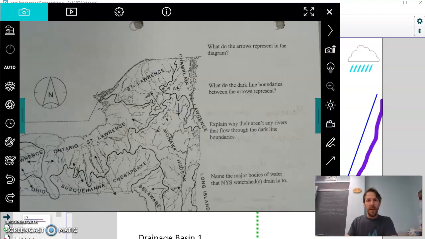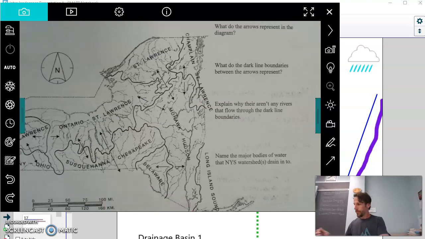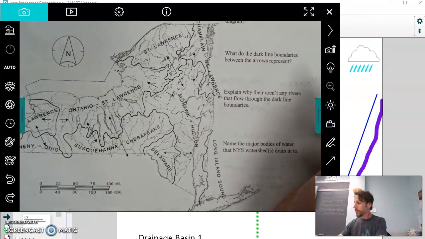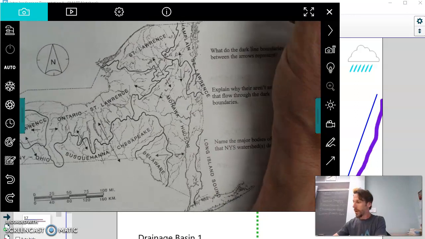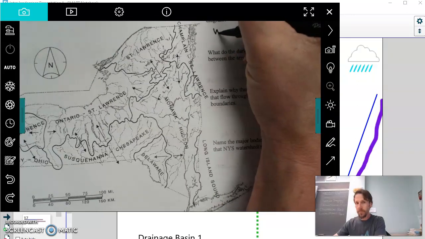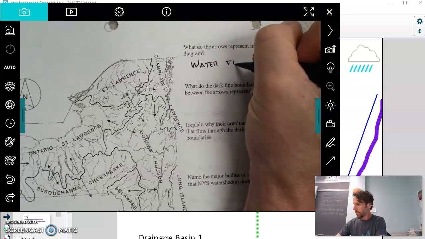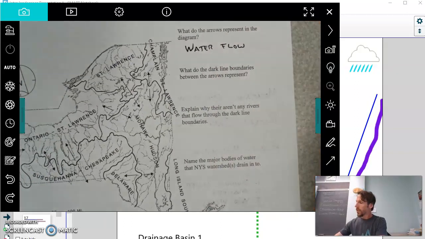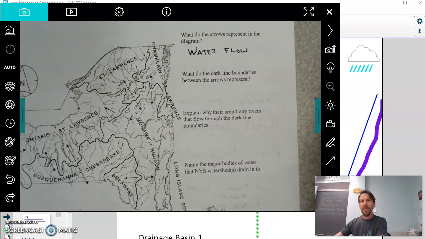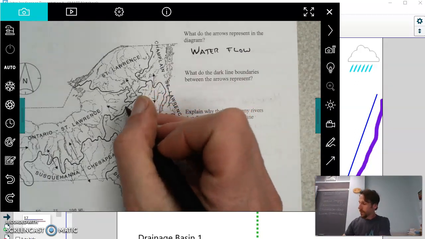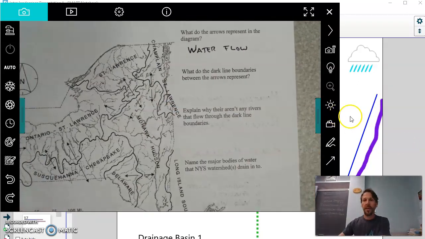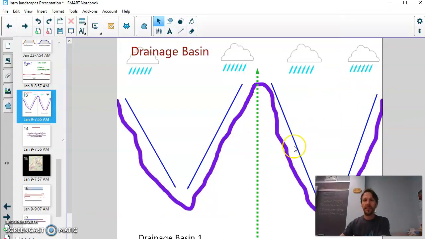So if we look at our sheet here, the arrows represent water flow. What do the dark boundaries between the arrows represent? These dark boundaries here are going to represent divides.